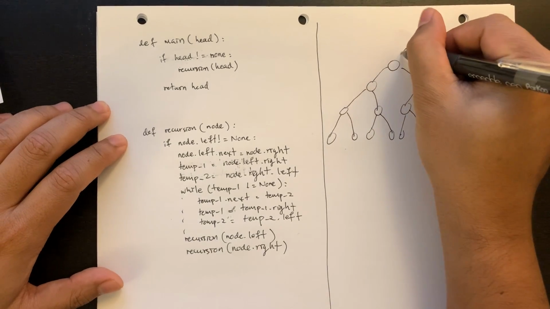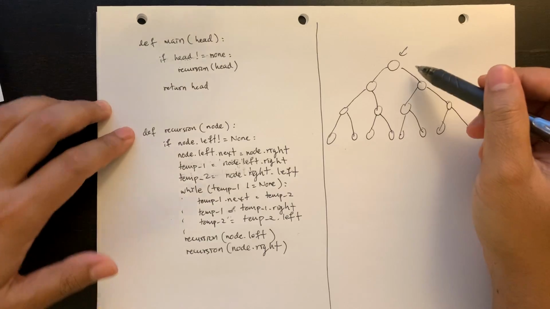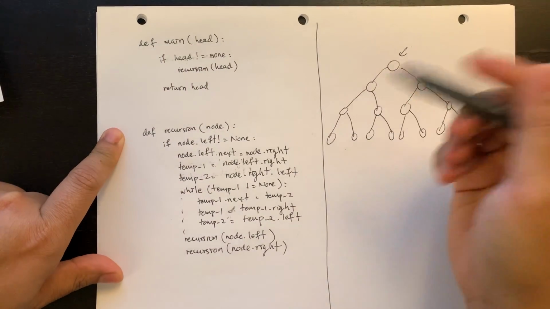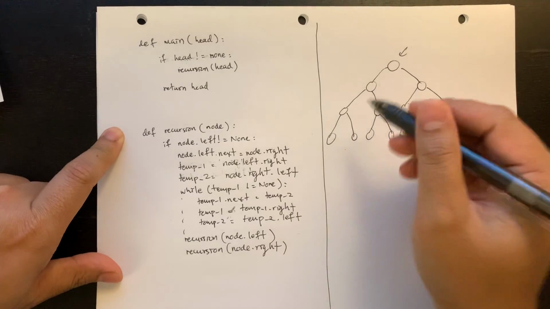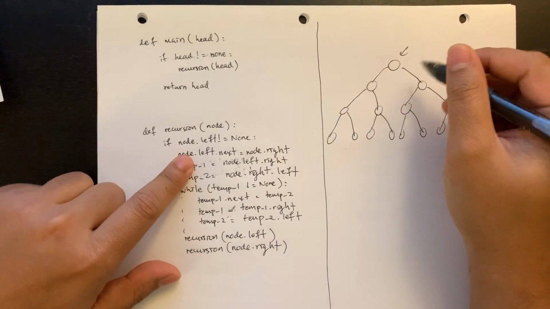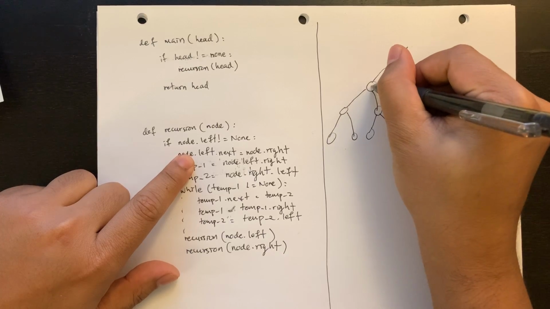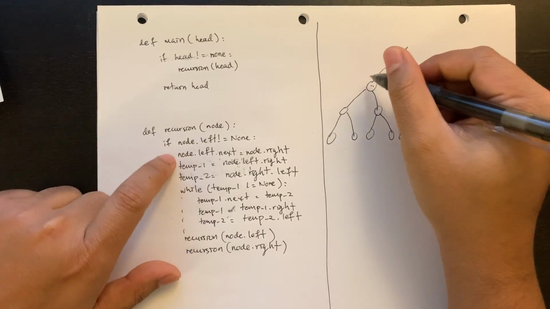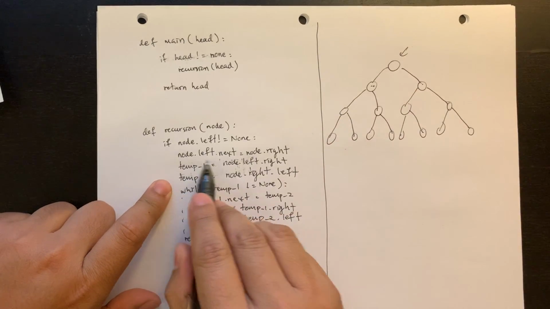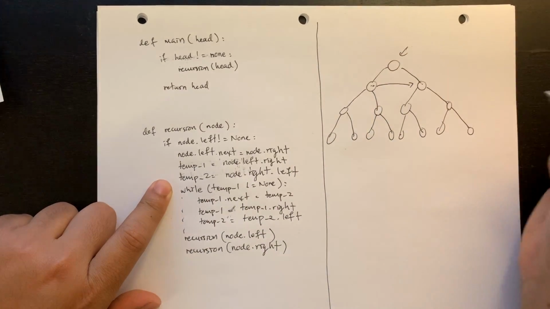Alright, so let's say that right now we are on this stack frame, this is head, and head is not none. Since head is not none, we call recursion, jumping right into here. We check node.left, which is this one, so it's not none. Since it's not none, we want to connect this node with the right child, so node.left.next here.